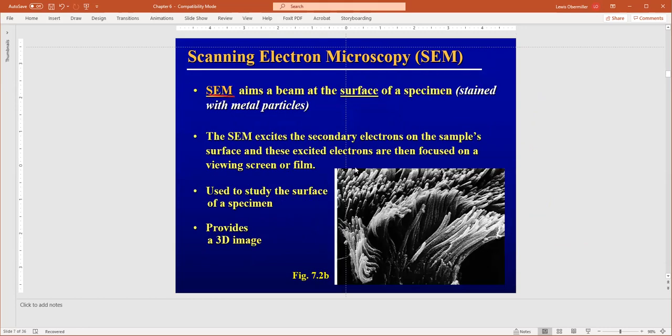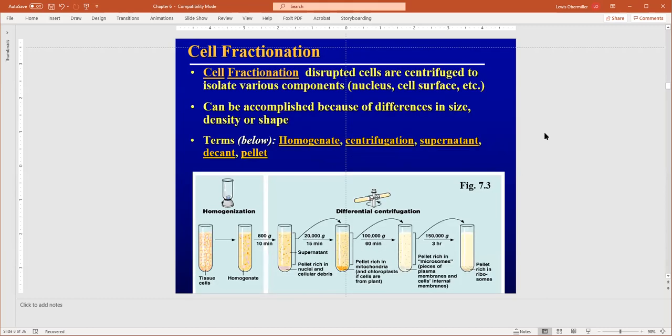Scanning is on the outside, so this is the same cells that line your small intestine. This is the cilia that moves your food through there, and you can only see the surface of specimens with the scanning. With the transmitting, you can't see that.